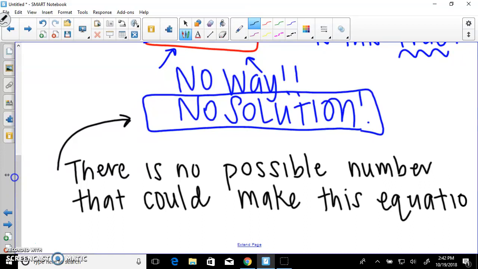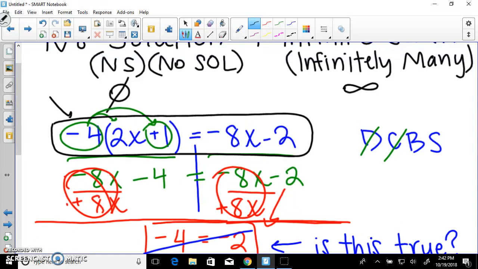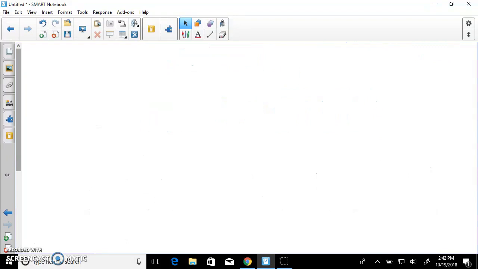So there's no value of x that would actually make the equation true. So when we look back at the equation that we started with, there's absolutely no number that we could plug into x that would make a true statement. There's no possible solution, which is why we say no solution. All right, let's look at another example and see what we get this time.